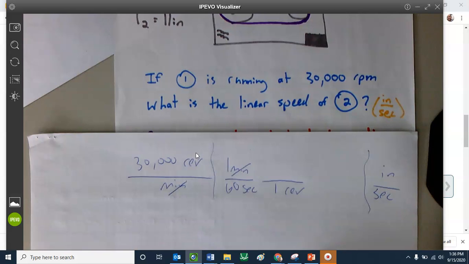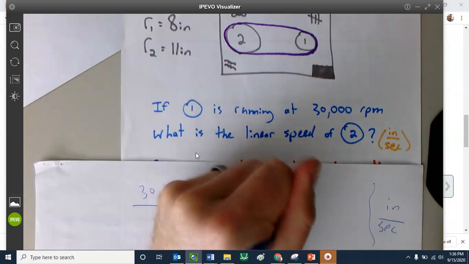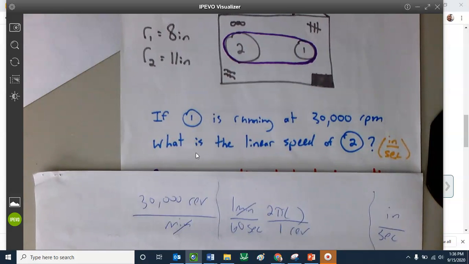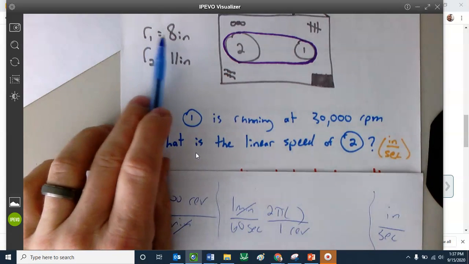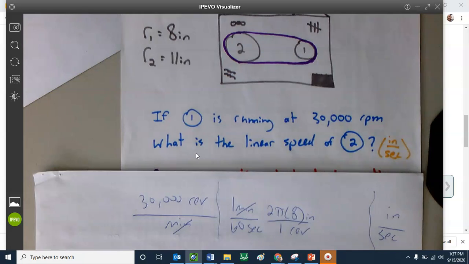1 revolution is 1 circumference. That means 1 time around. 1 time around, the circumference of a circle is 2 pi r. That's the formula for circumference. Okay, now remember, we're talking about wheel number 1. So this r value we want to use is actually the r value of wheel 1. So 8 inches. There are 2 pi 8. There's 16 pi inches in 1 revolution for wheel number 1.